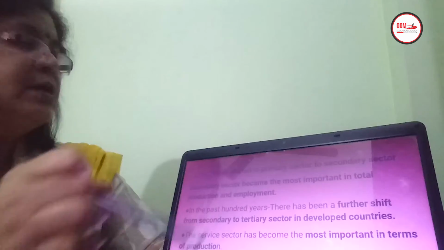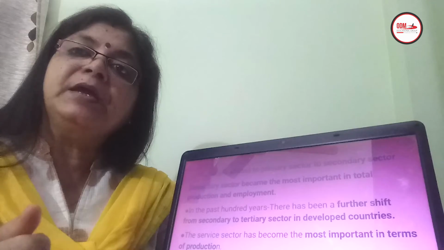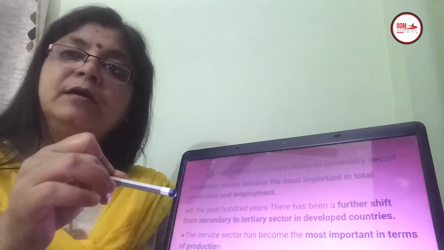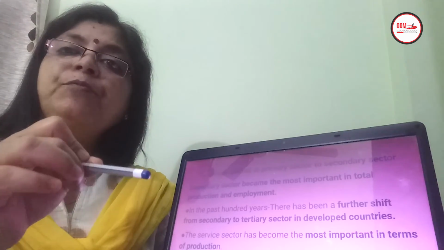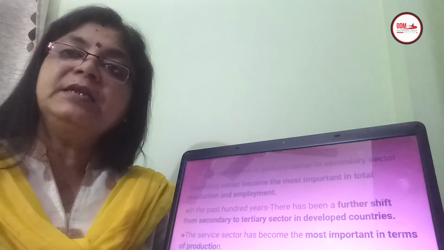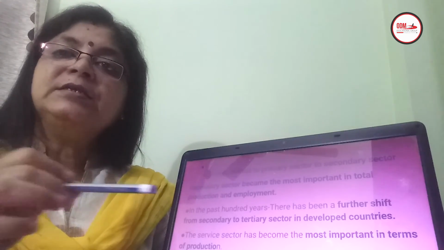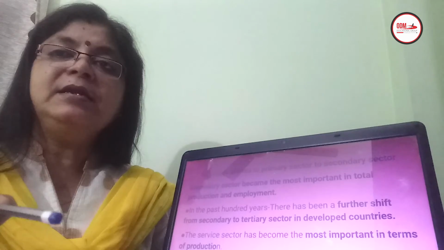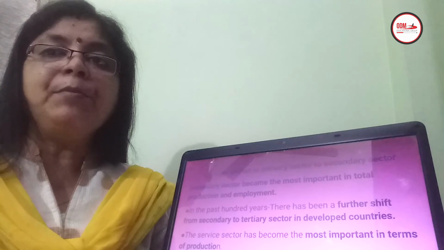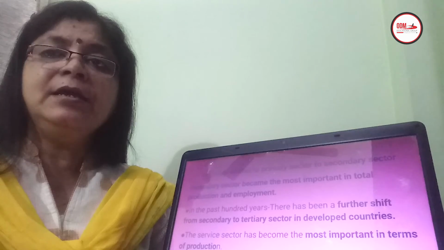This is the shifting seen in developed countries: initially primary, then due to changes in the method of cultivation and manufacturing, the secondary sector emerged, and its prosperity gave birth to the tertiary service sector. So the sectors shifted from primary, to secondary, then tertiary. Now the more important sector, in GDP and employment, is the tertiary sector. Maximum skilled people are engaged in the tertiary sector.